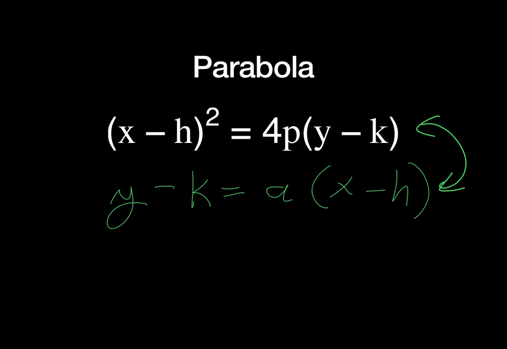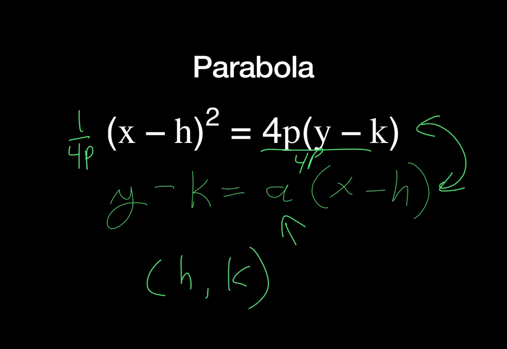They're just written slightly differently. This 4p, if I moved it over here, it would be 1 over 4p, if I divided both sides by 4p. And that's the a value. A is equal to 1 over 4p. But we'll get to that in a second. So the vertex of this is h comma k. In a parabola, I do it like this.